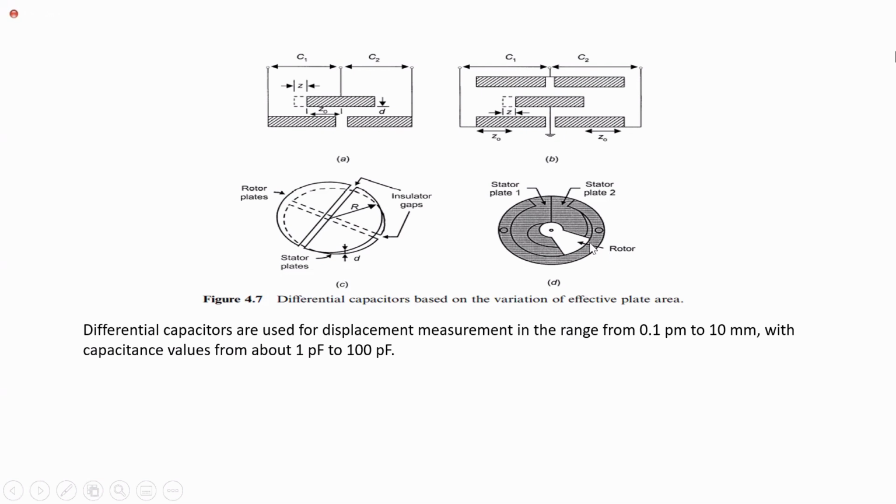In figure C and D, one of the capacitor plates is rotating, another plate is fixed. Depending on the position of the first plate, we can estimate the capacitance so that we can estimate the parameters.